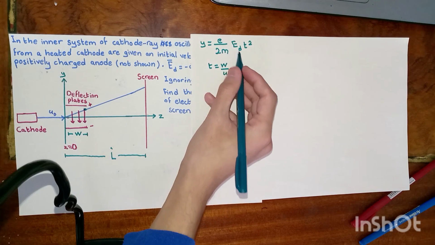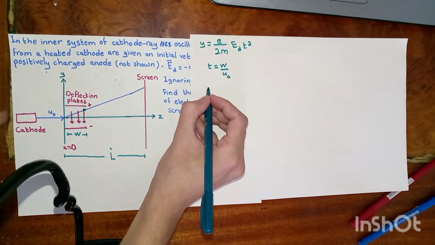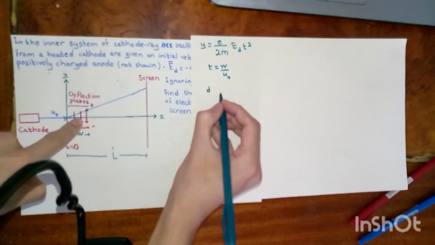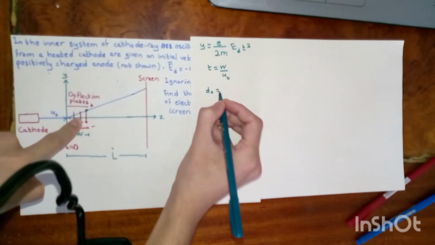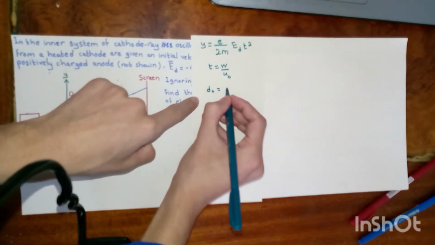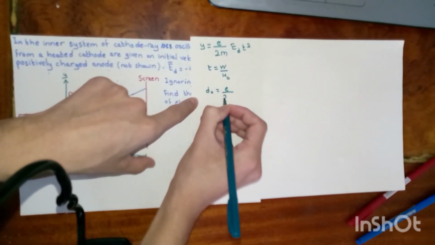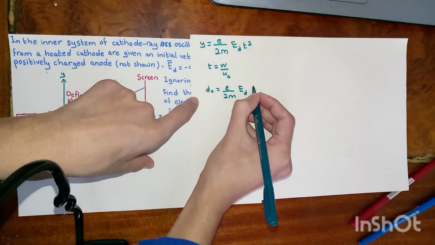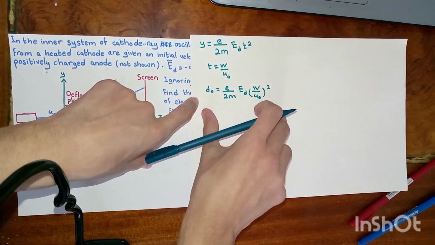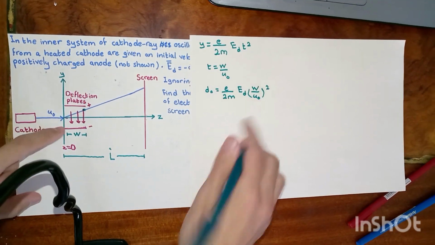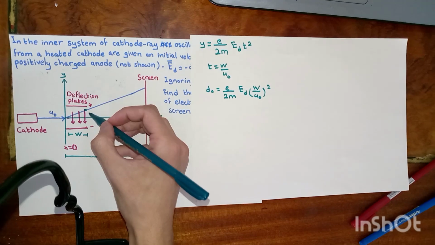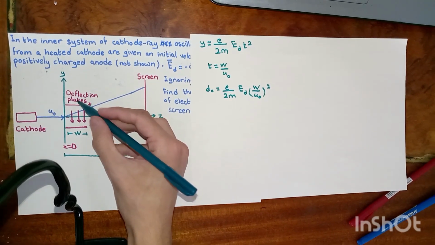Now substitute this into this equation, and we will reach the initial deviation when electrons were moving between these deflection plates, and it's equal to, but this is not the end of the problem. This is firstly the initial deflection due to the deflection plates.